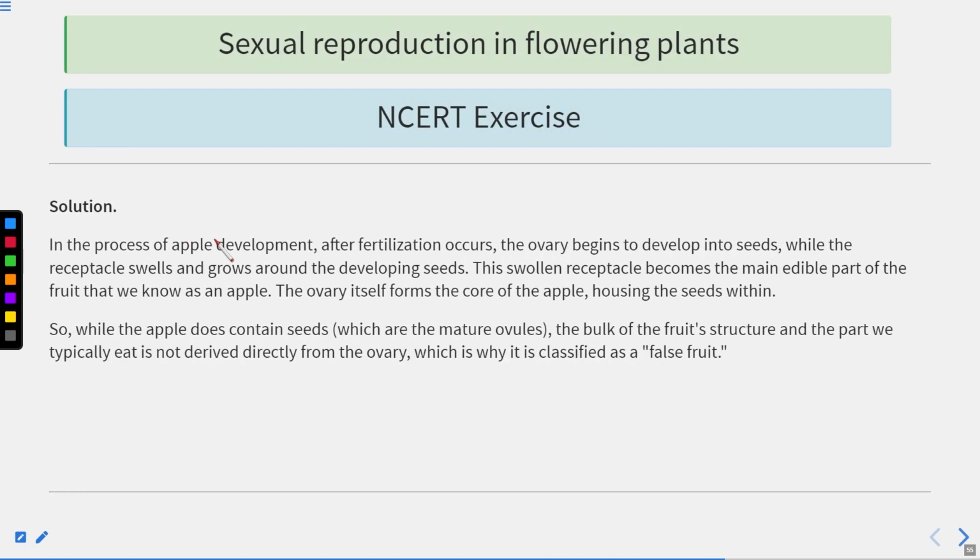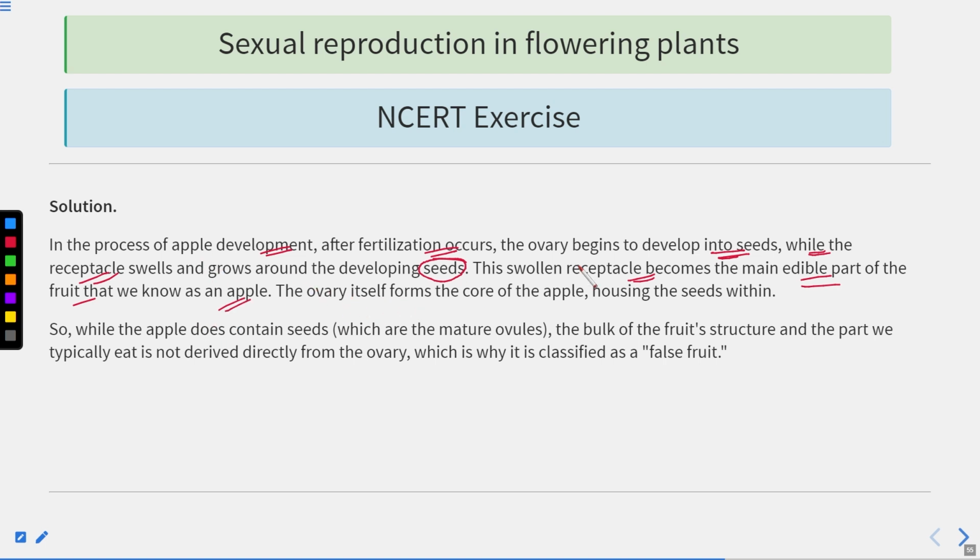Okay, now in the process of apple development, after fertilization occurs, the ovary begins to develop into the seeds here, while the receptacle swells and grows around the developing seeds. Clear? So receptacle forms the edible part here. Now this swollen receptacle becomes the main edible part of the fruit that we know as the apple.